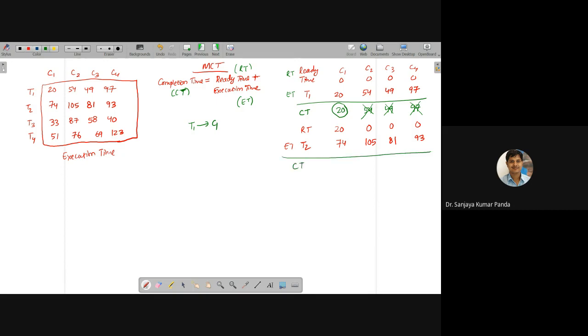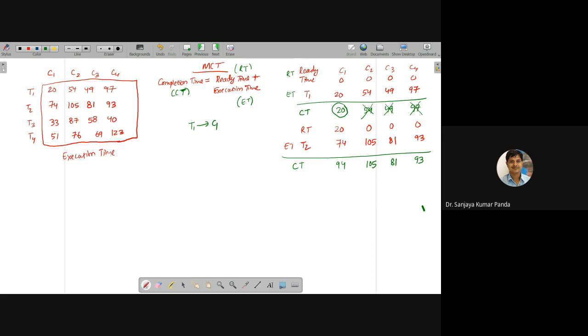Completion time is nothing but ready time plus execution time. So 20 plus 74 is 94. Here it is 105, here it is 81, here it is 93. So you have added the ready time to the execution time, and now you got the completion time.